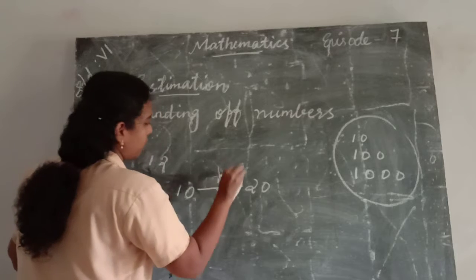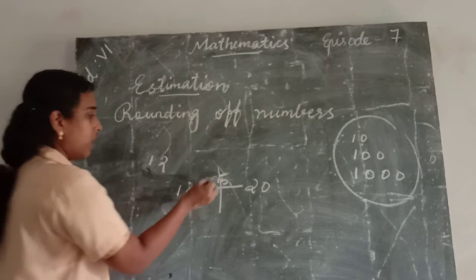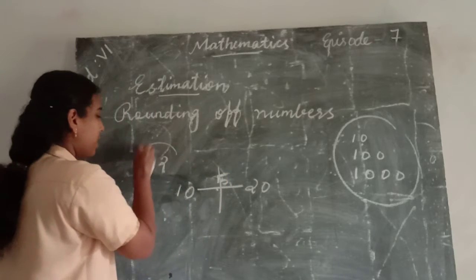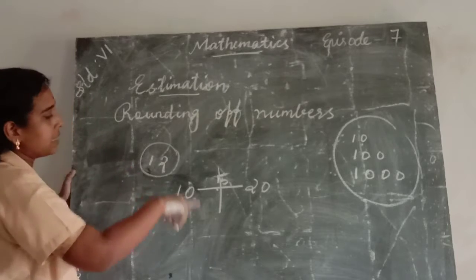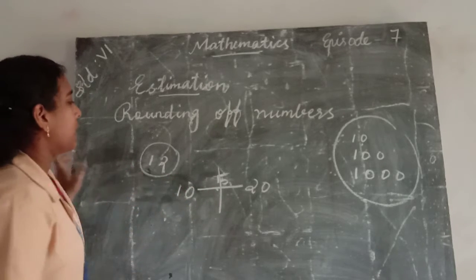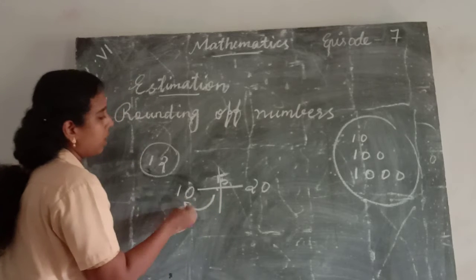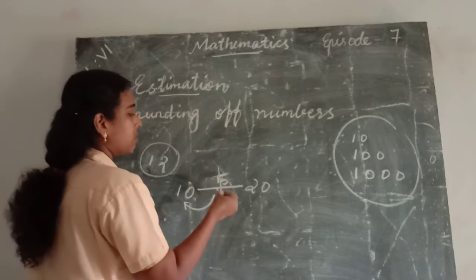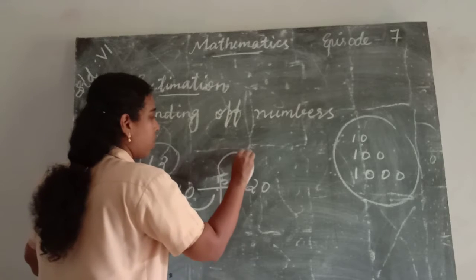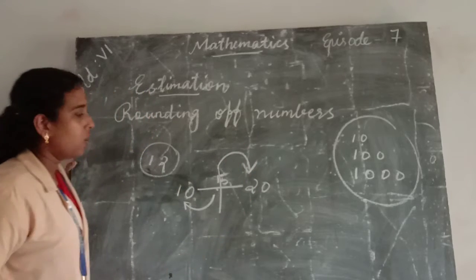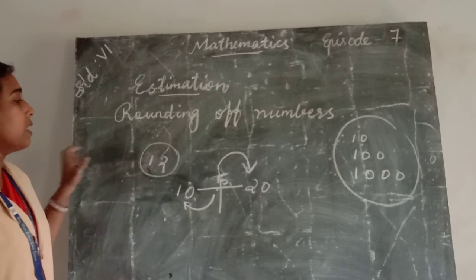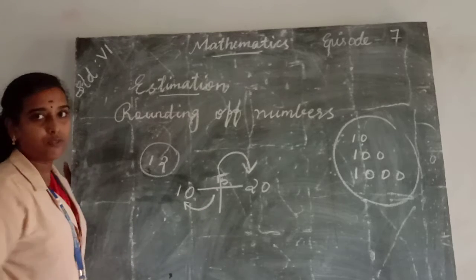If the given number is less than the middle, then we round down, and if the number is greater than the middle, then we round up.